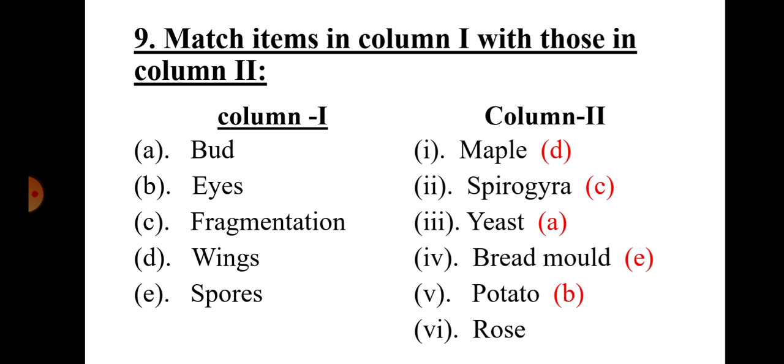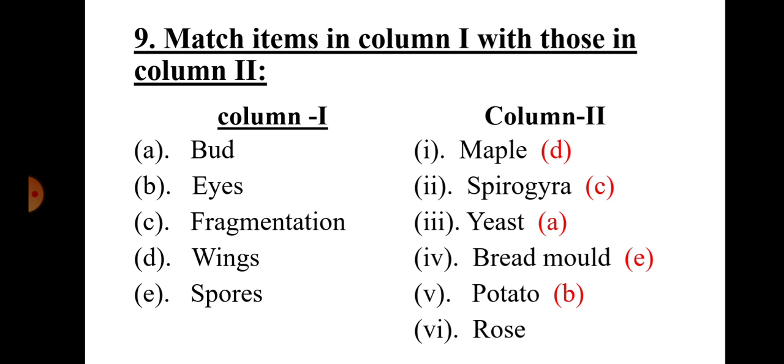You see the slide. The second one, eyes. In column 2, the fifth one, potato, is the right answer. The eyes is matched to the fifth one, potato. Then C, fragmentation. Fragmentation is matched to Spirogyra.